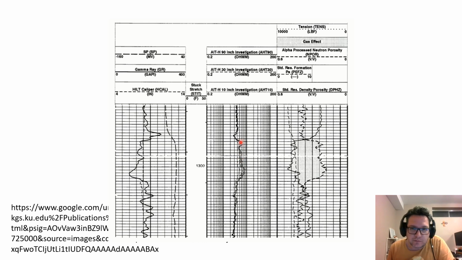So this would be 6 ohm meter, which is the unit for resistivity. And then we would use that in the formula for SW, which is the square root of the formation factor times the resistivity of the water divided by the resistivity that we read on the log.